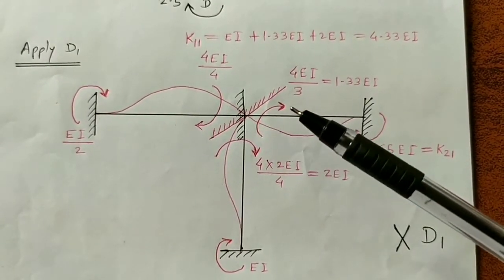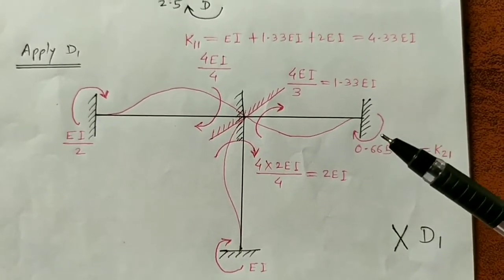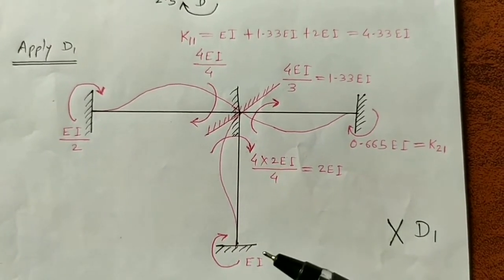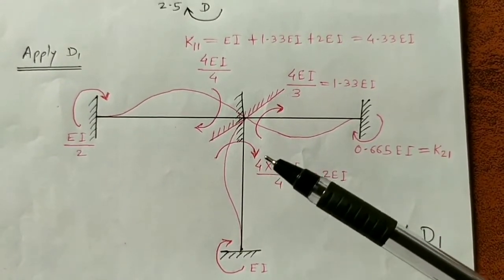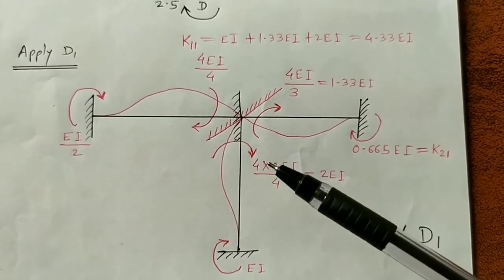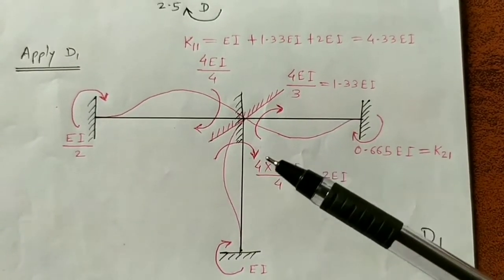The applied moment is 4EI upon L, and half of it is getting transferred. Just take care, here the column BD has 2EI.